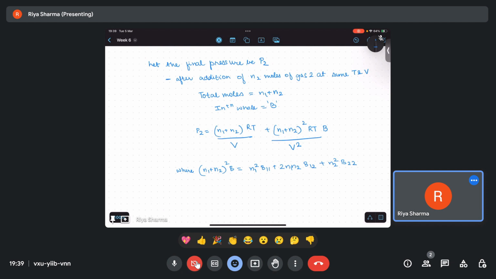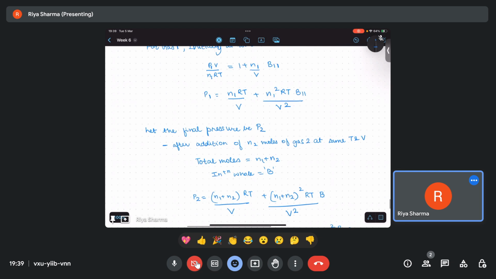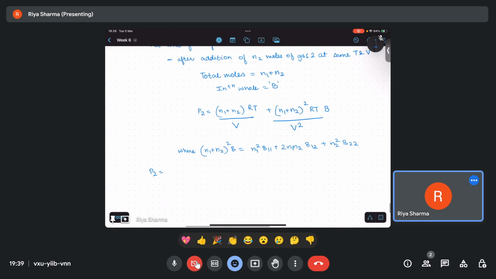So P2 will be equal to, with that equation I have already taken as 1, RT.